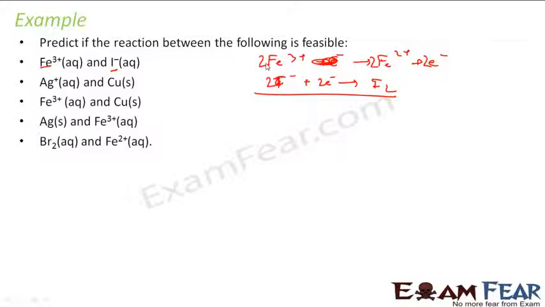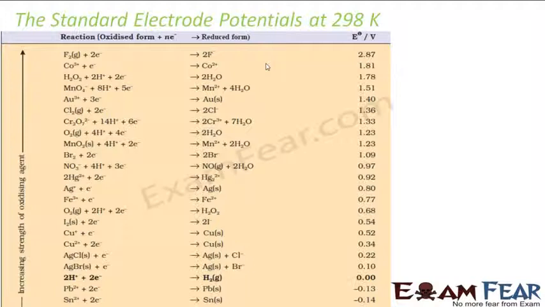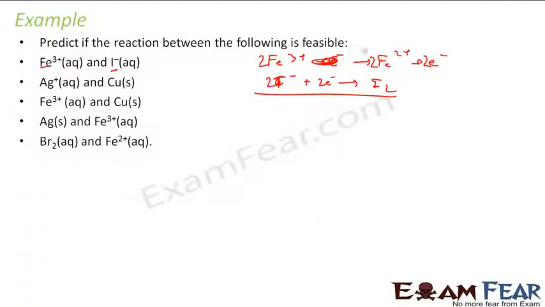For Fe3+ to Fe2+, we have 0.77 volt. Let's write the value: 0.77.